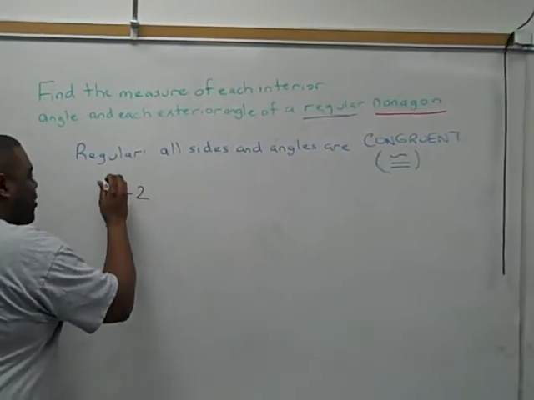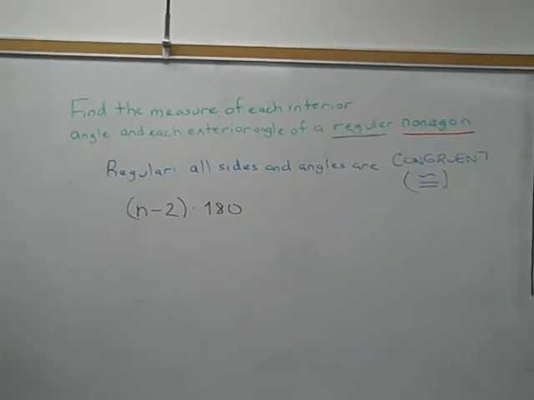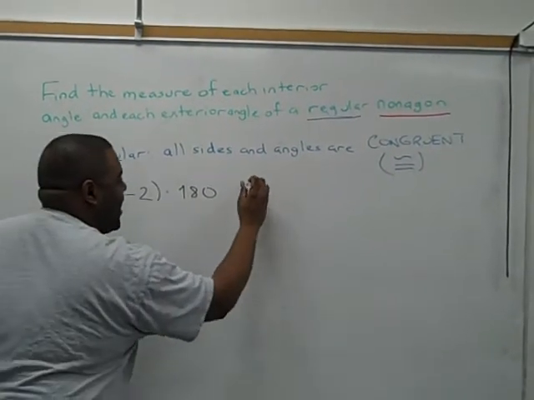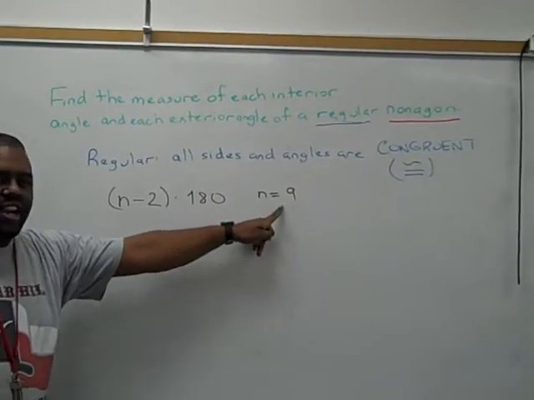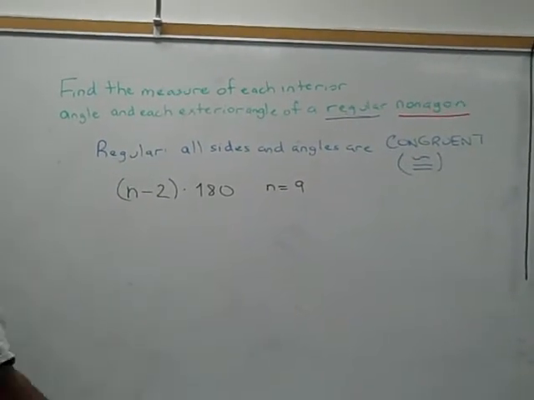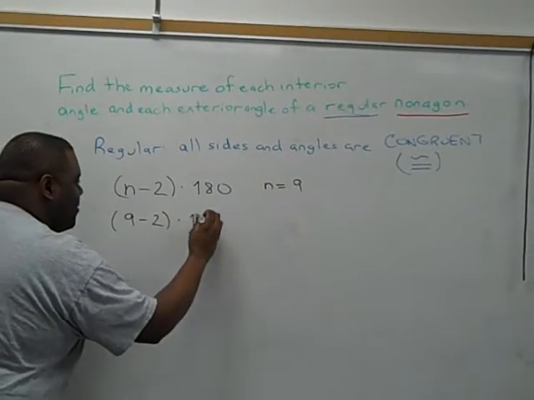It's n minus 2 times 180. Since we've already established that it's a nine-sided figure, that means that n equals 9. Now we're just going to plug n equals 9 into our formula. So we're going to do 9 minus 2 times 180.